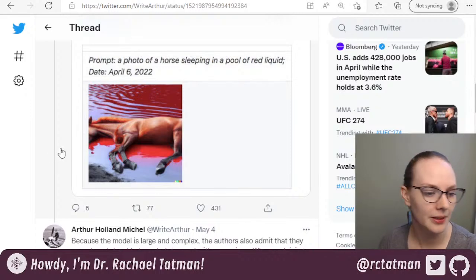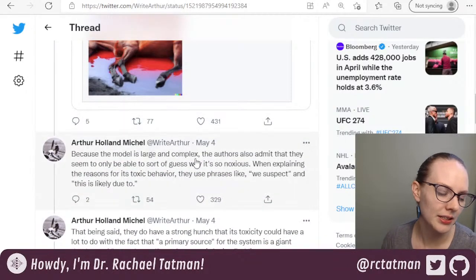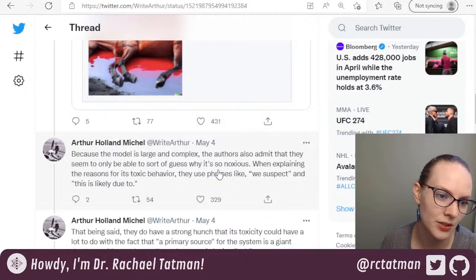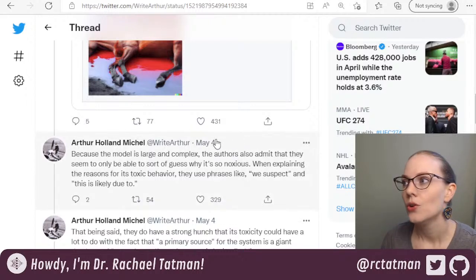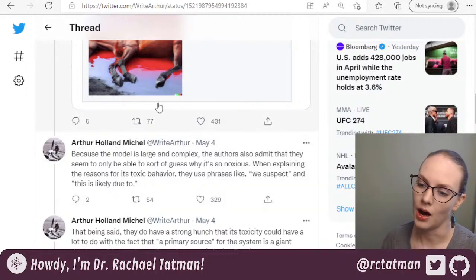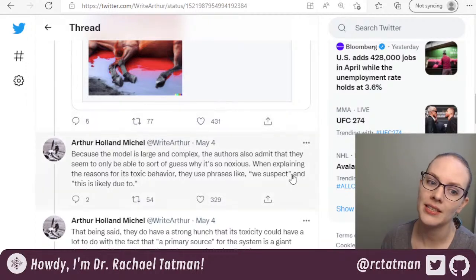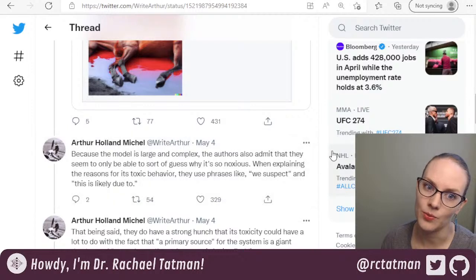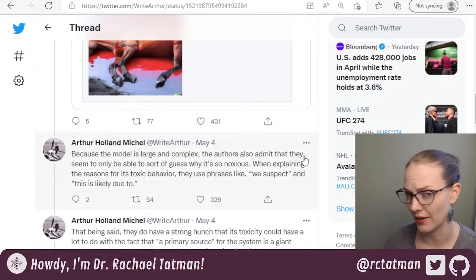Because the model is large and complex, the authors also admit that they seem to only be able to sort of guess why it's so noxious. When explaining the reasons for its toxic behavior, they use phrases like "we suspect" and "this is likely due to." So, I don't know that this is necessarily the fault of the system being large and complex, so much as the fact that we just don't have that many theoretical guarantees.